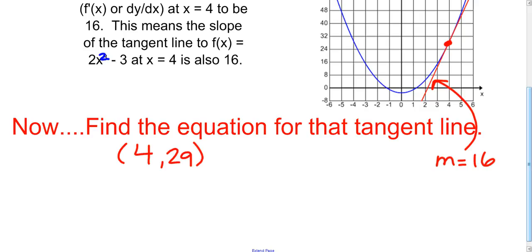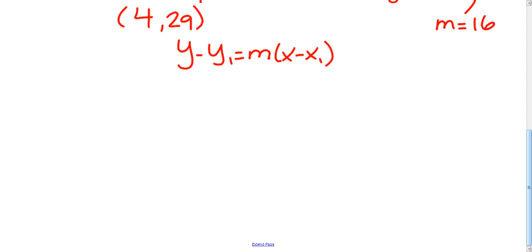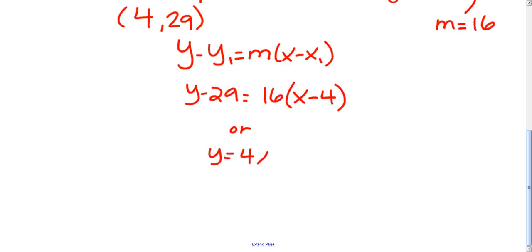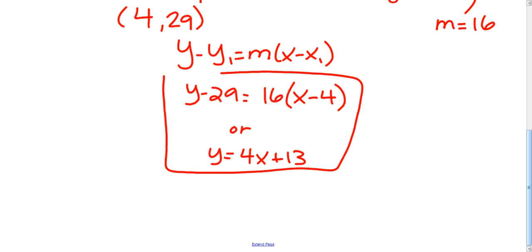So I can easily use y minus y1 equals m times x minus x1 and get an equation for that line. I will have y minus 29 equals my slope of the tangent line, which is 16, times x minus 4. I know you can simplify this. I'm not sure how this book will give you the answers to these, but it might be either way. But that's how you do that.